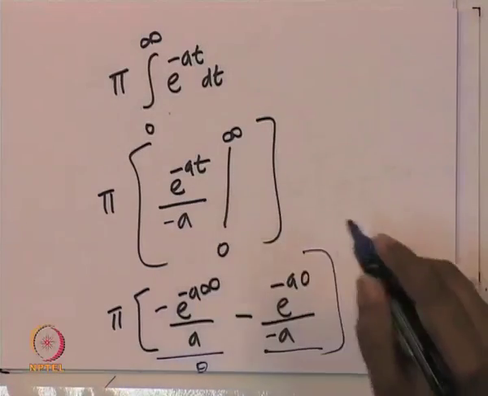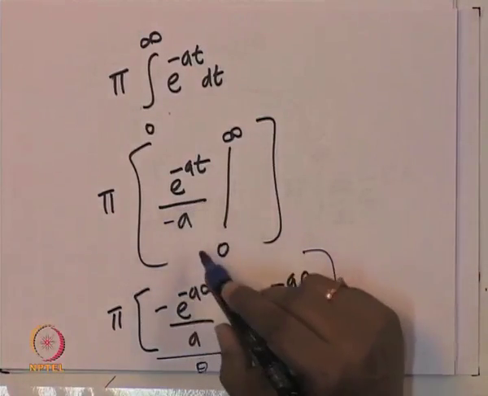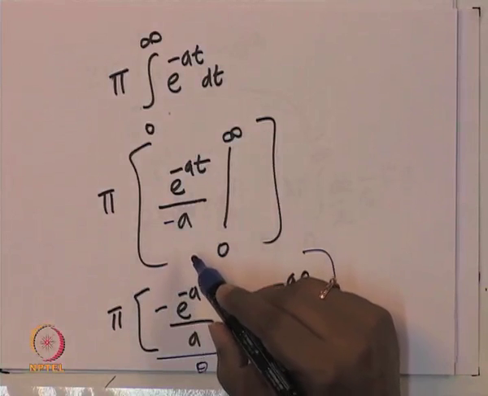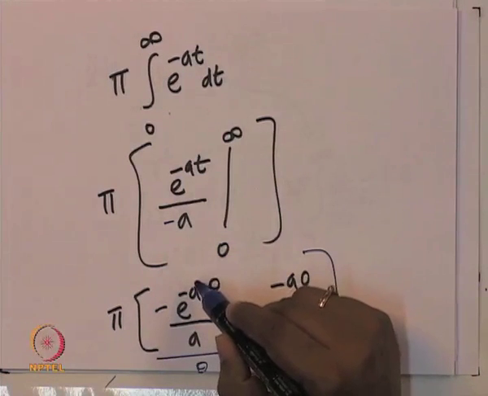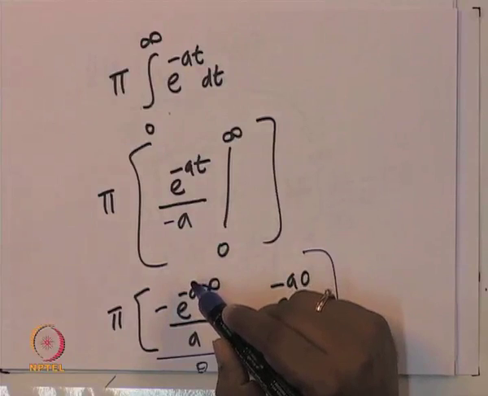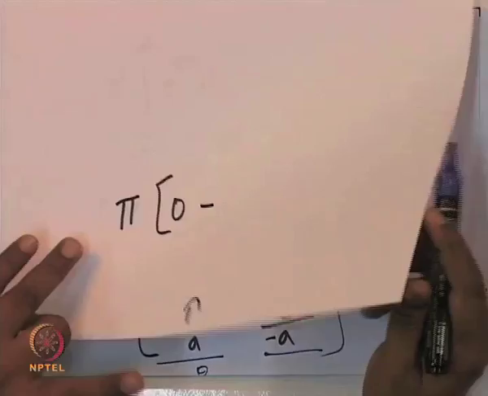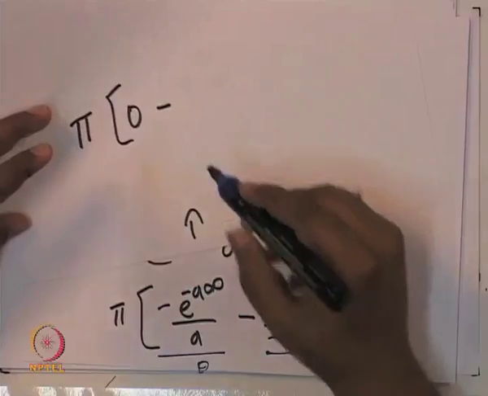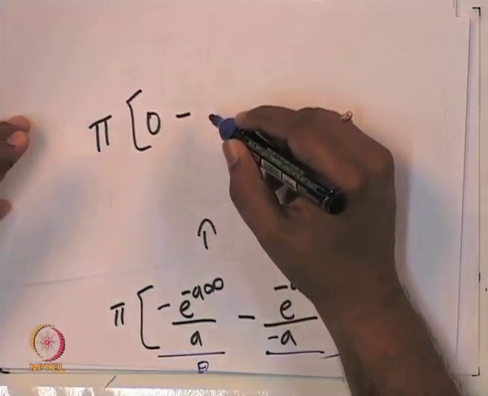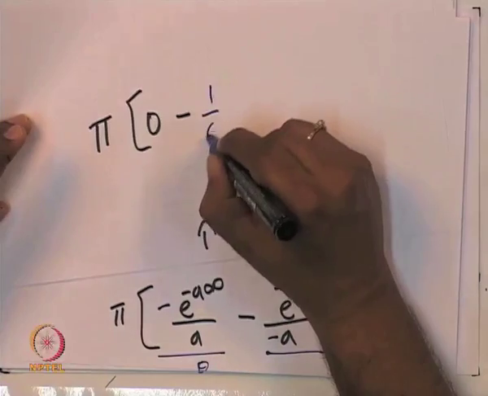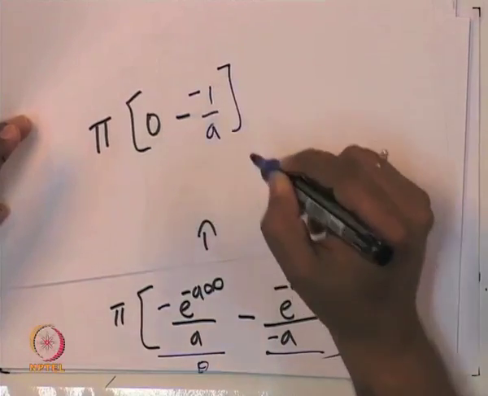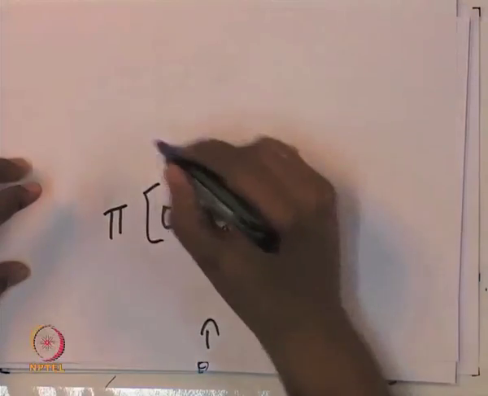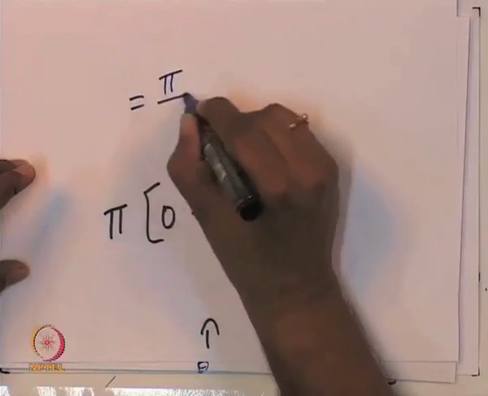There is a minus sign extra, because when you integrate e power minus a t, the integral is e power minus a t by minus a, and therefore a minus sign. So, 0 minus 1 by a. So, the answer is basically pi by a.